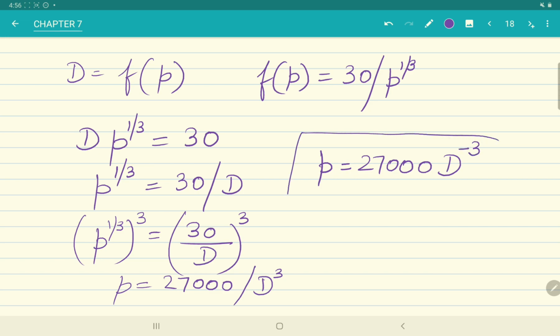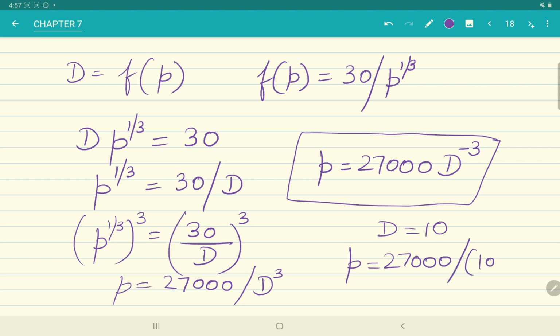Now this equation gives us directly the price per unit P corresponding to a given output D. So if D is 10, then what is P? P is equal to 27,000 divided by 10 raised to the power 3. That means P is 27.